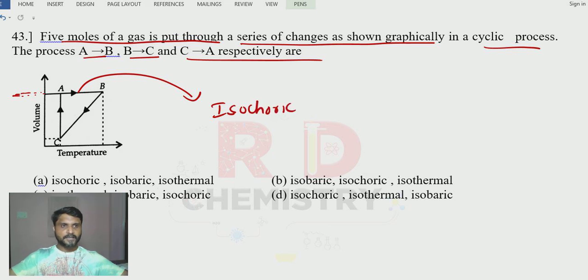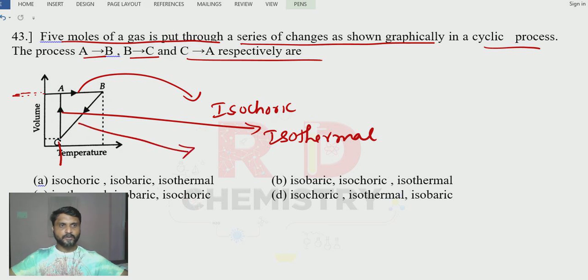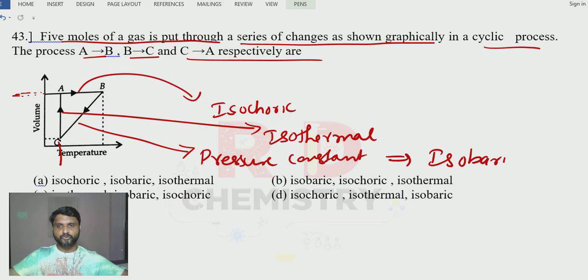Now see here A to C. In A to C, temperature is fixed. Volume can change. Correct? Therefore, it is an isothermal process. Now see B to C. Along B to C, volume changes, temperature also changes, but pressure is constant here. We can see pressure is constant. If the pressure is constant, then it is an isobaric process. Correct? Therefore, the answer is option number A.